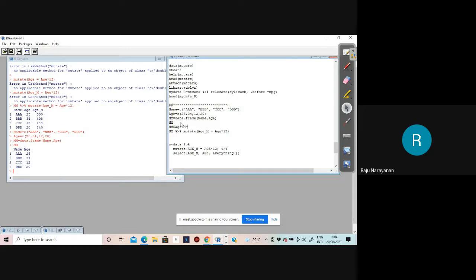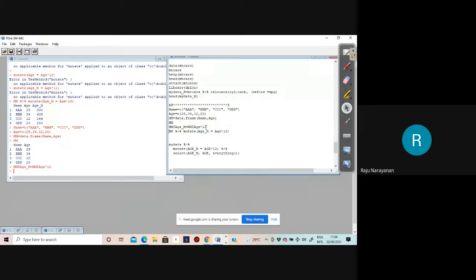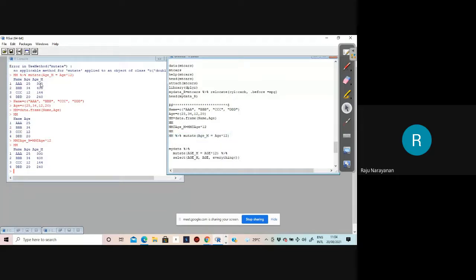Dollar AGM is equal to dollar age into 12. Okay, then if you want to see, it will come with the 3 rows now. That's what I told you. We can do the same thing in different ways. Yeah, 300, 48, etc.